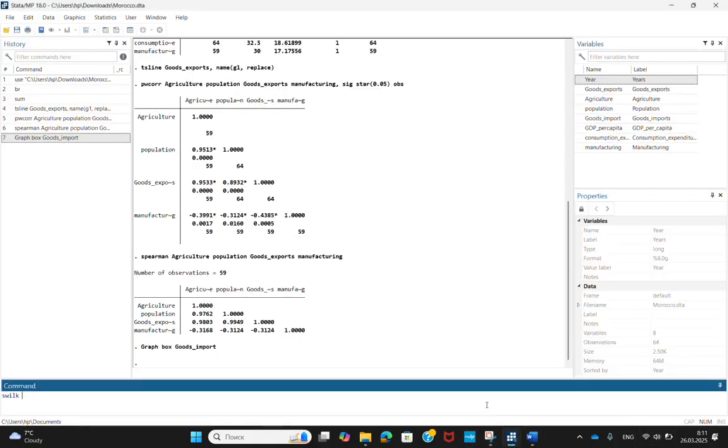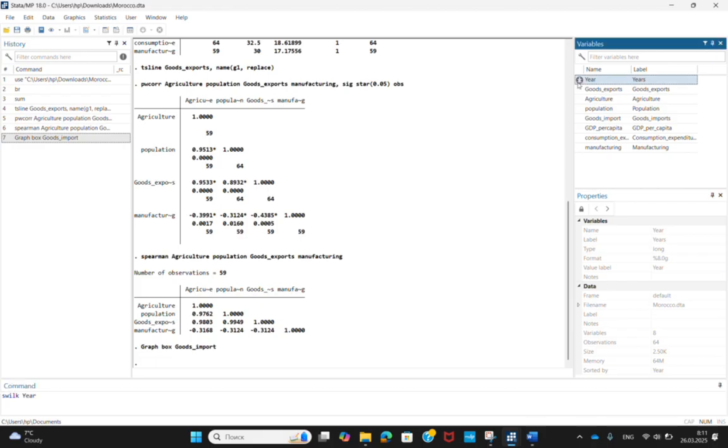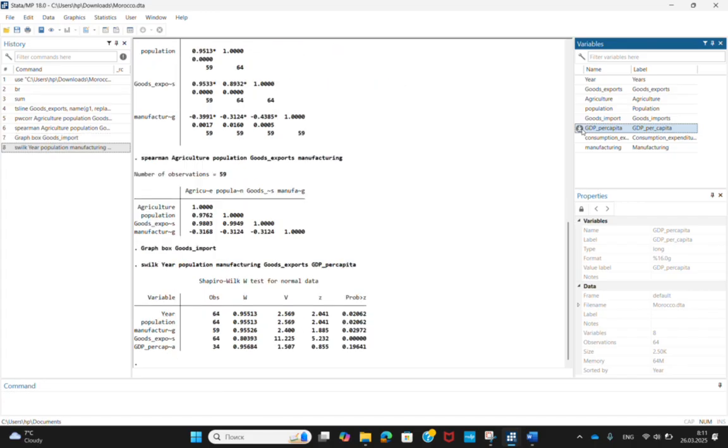Year, population, manufacturing, exports, and GDP per capita. Enter. Here is the W statistic. If this statistic is close to 1, it is normally distributed.